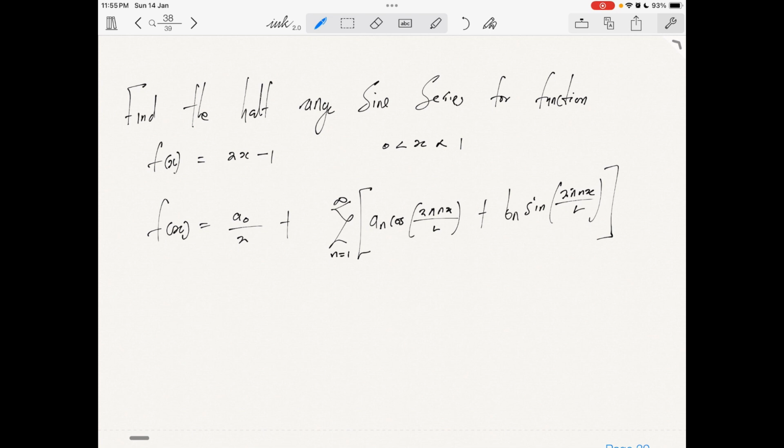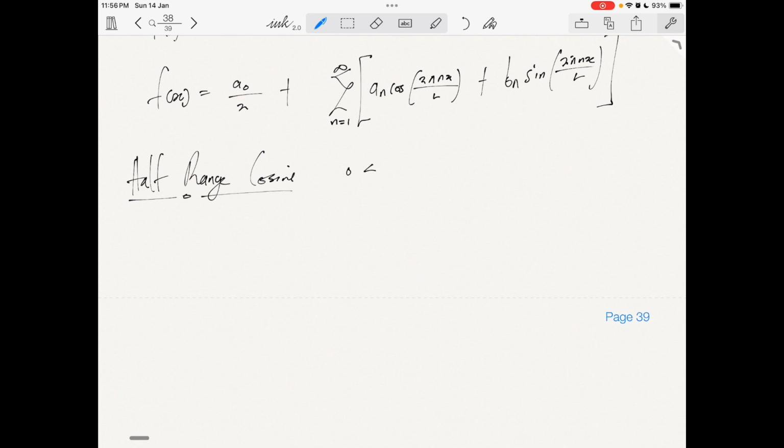However, when we come to half range series of Fourier sine and cosine series, let's talk about the Fourier half range cosine series, which ranges from 0 less than x less than L. Our f of x is equal to a naught over 2 plus the summation from n equals 1 to infinity of an cos n pi x over L. We can notice the differences between the two formulas.